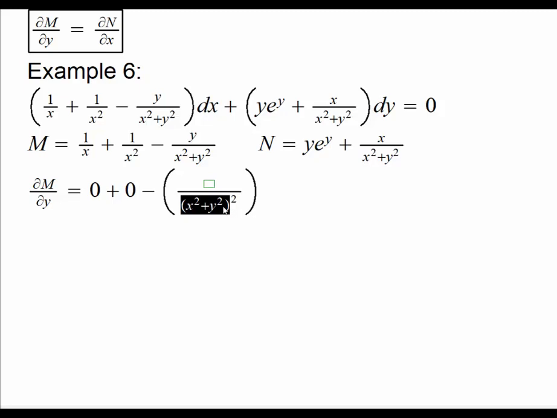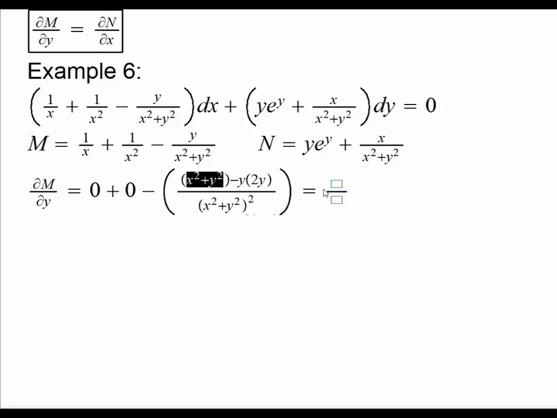So we differentiate the top and write the bottom as it is, and then minus the top times the derivative of the bottom with respect to y, which is 2y. Notice 0 plus 0 is 0, and if I take the negative sign inside, this would be negative and this part would be positive.